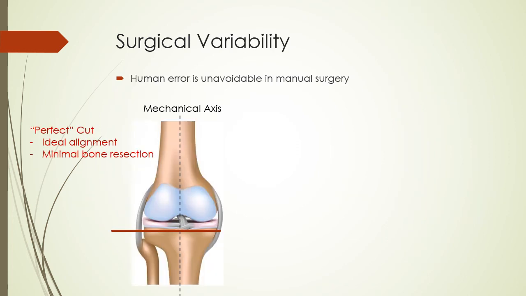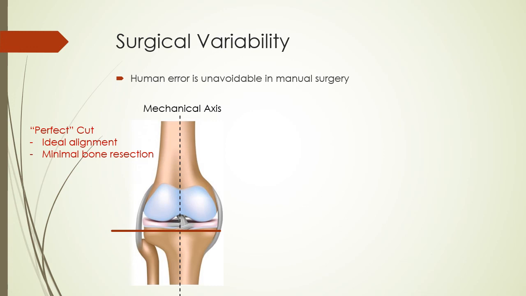And for all these manual surgeries, human error is unavoidable. Some good surgeons will do a very good job, but still with some error, small but some error. We cannot guarantee, and we should not guarantee, everybody will produce a perfect cut with ideal alignment and minimum bone resection.